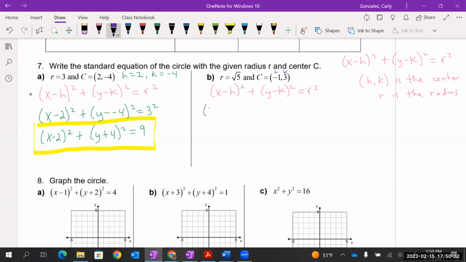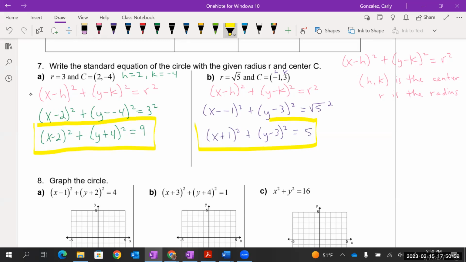So here we have x minus -1 squared plus y minus k, which is 3, squared. And then we get rad 5 squared. So simplifying, we get the quantity x plus 1 squared plus the quantity y minus 3 squared, and the square and the square root cancel out to give us 5.